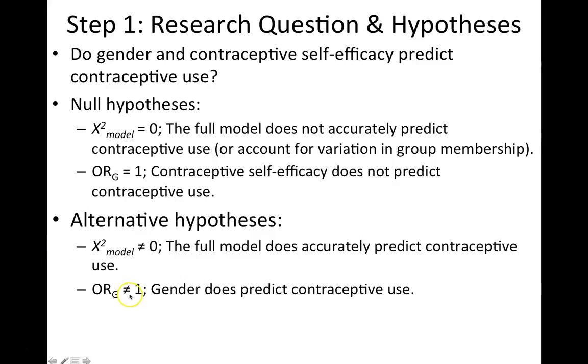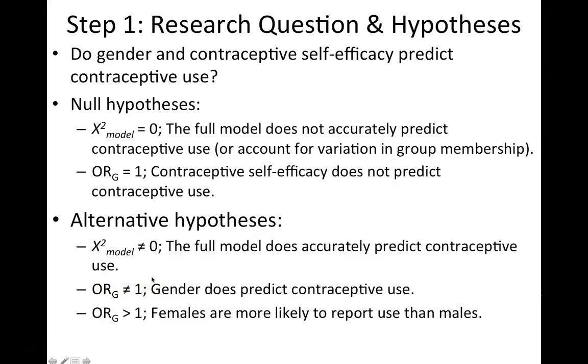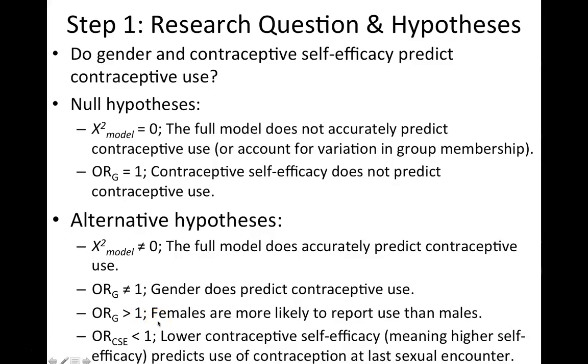For this one, we might look at the odds ratio for gender and say gender does predict contraceptive use. So this odds ratio is less than or greater than 1, but it's not equal to 1. We could do a directional hypothesis. Some of you were asking about that in a Google Hangout recently. And so we could say we think that the odds ratio will be greater than 1 or less than 1.